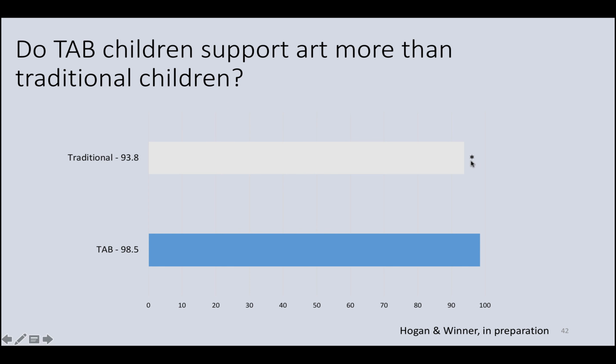But you see, this asterisk means that the difference between 93.8 and 98.5, the TAB students and the students in non-TAB classrooms, is statistically significant based on the sample sizes. So there's a real finding here. Kids in TAB classrooms are more likely to support art and defend art than students who are not in TAB classrooms. So that kind of speaks to engagement in this belief statement.